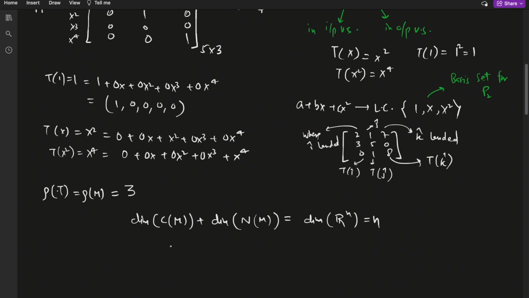So the dimension of the column space is nothing but the rank. So rank of M plus the nullity of M is basically n. In our case n is 3.